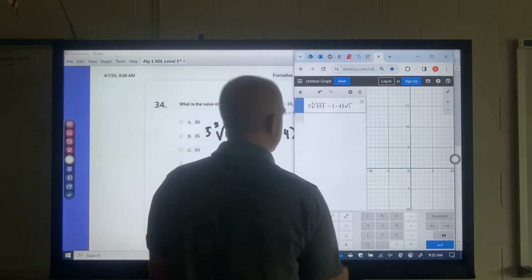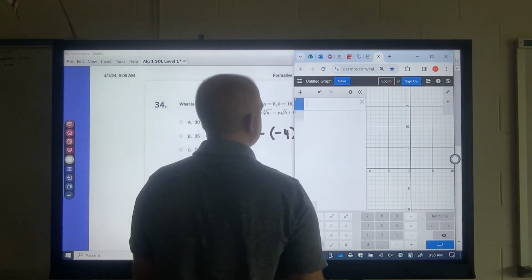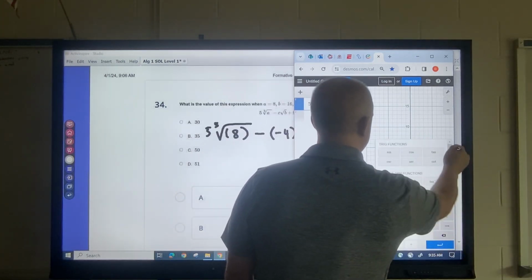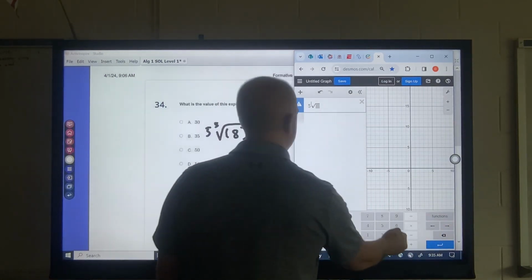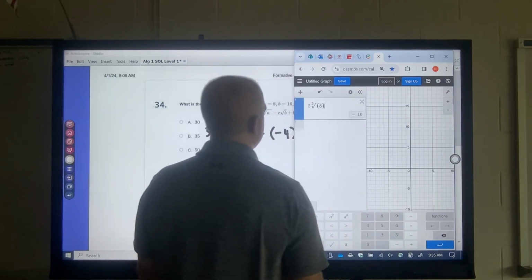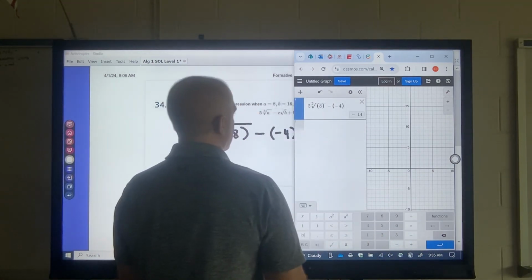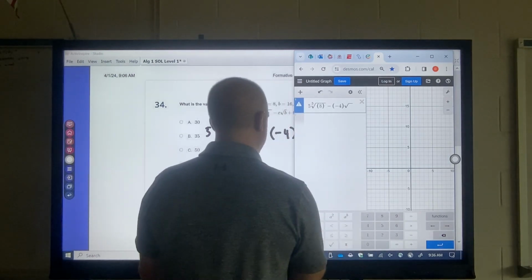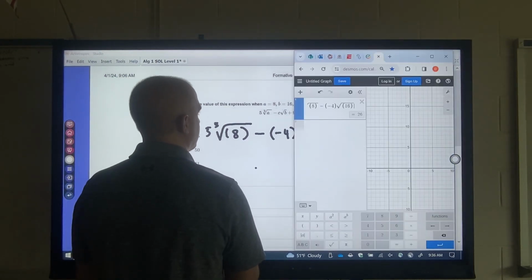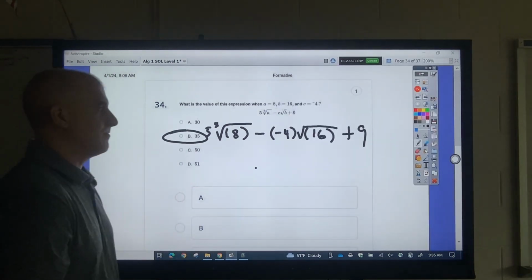Now I got the square root, parentheses, 16, close it, click out there, and then it's plus 9. Tells me 35. Okay?